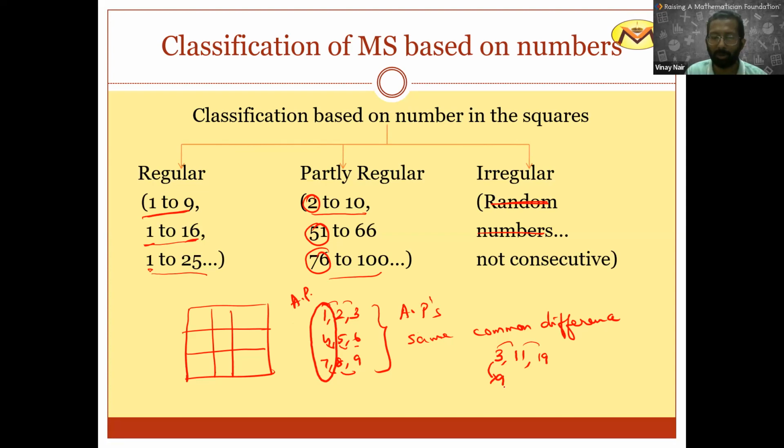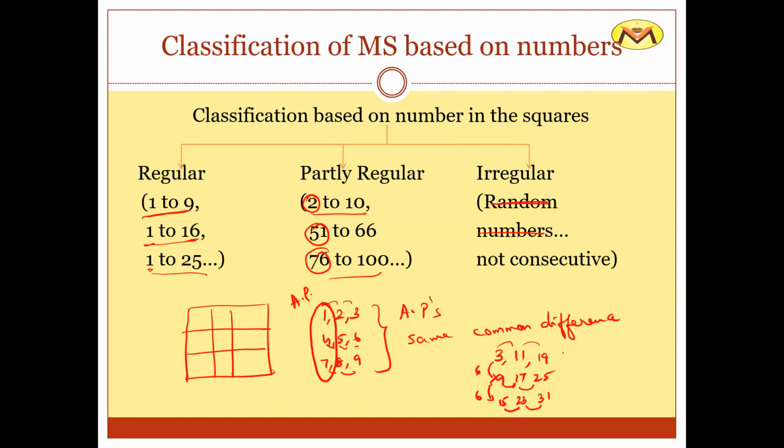Somebody said all the columns are in arithmetic progression. Yes. 9 plus 8 is 17. Plus 8 is 25. Here the difference is 6. So here also, if the difference is 6, it will be 15, plus 8 is 23, plus 8 is 31.